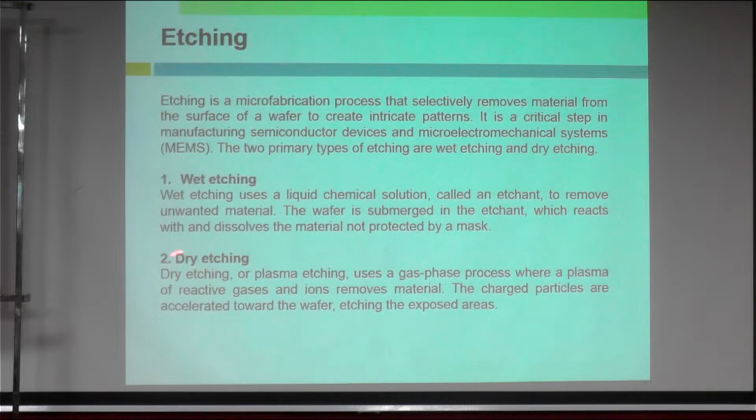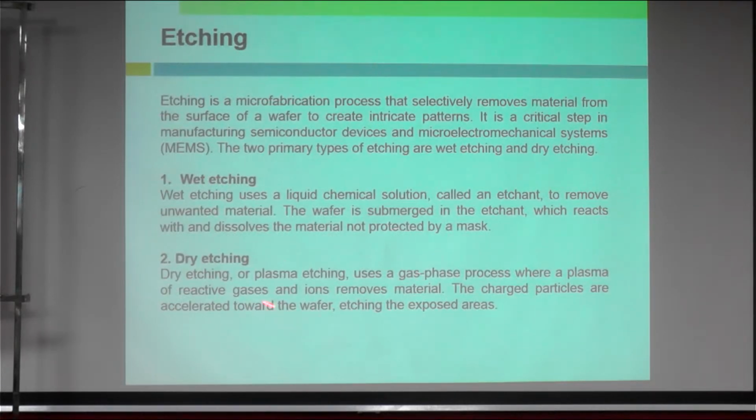And what is dry etching? Dry etching, or plasma etching, uses a gas phase process where a plasma of reactive gases and ions removes materials. So with dry etching, you use gas ions to remove the material. The charged particles are accelerated towards the wafer, etching the exposed areas.